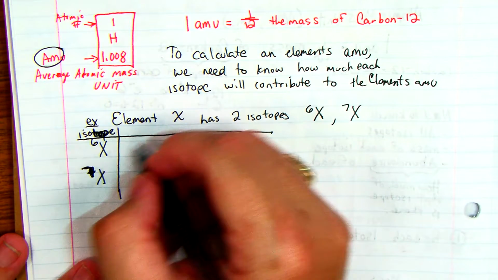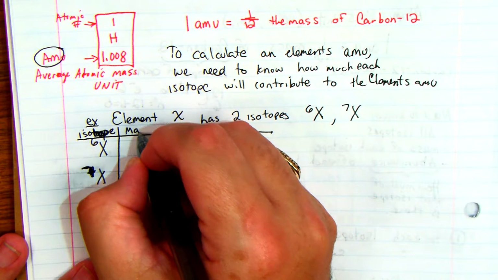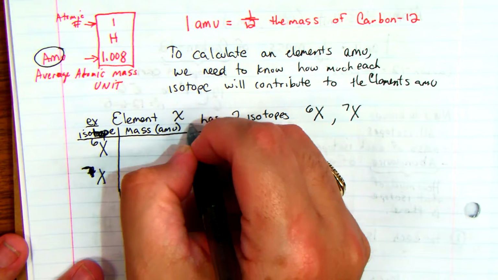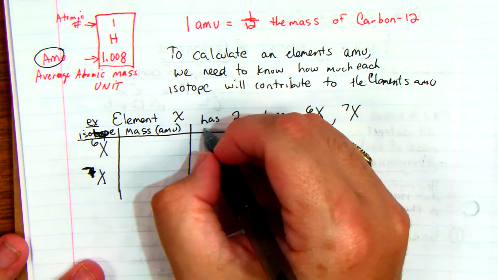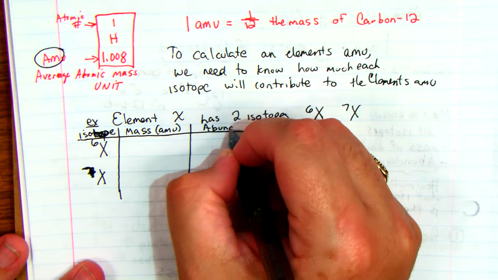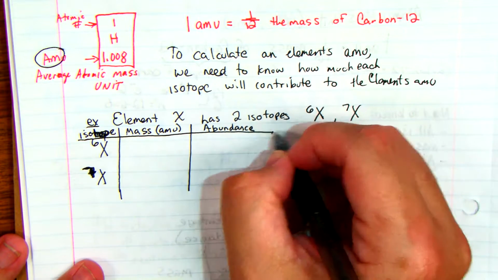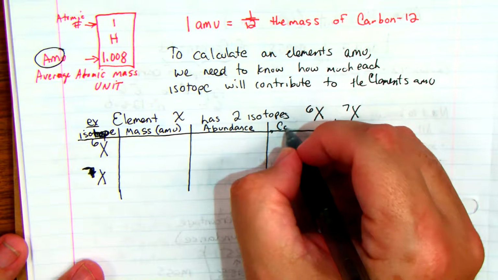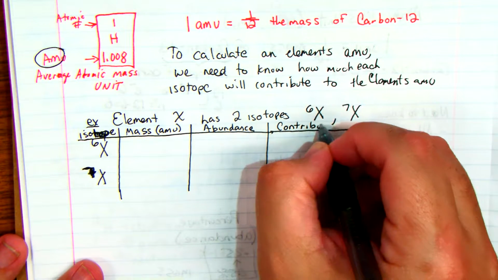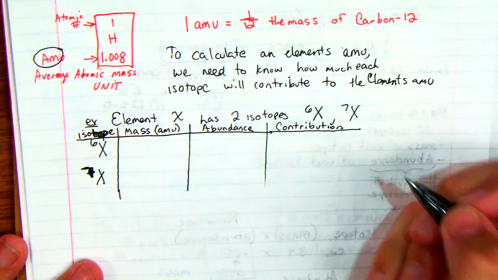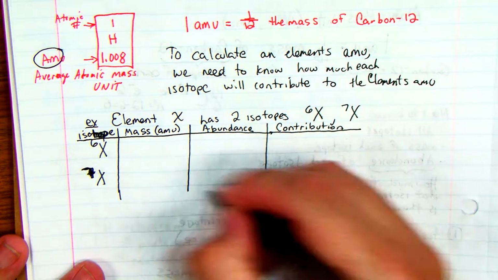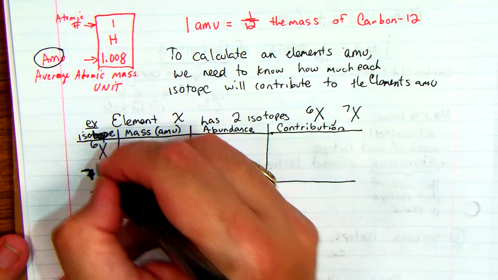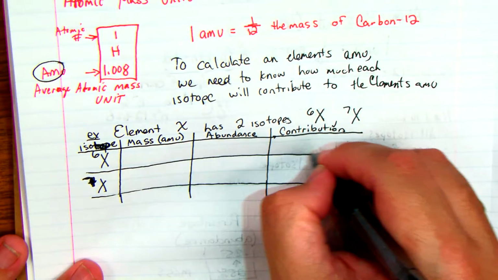Now, the second column is going to be mass, and that's going to be in AMUs. It's mass in AMUs. And then we have a word called abundance. And then we're going to come up with something finally called our contribution. And for each one, you can create your table like this.